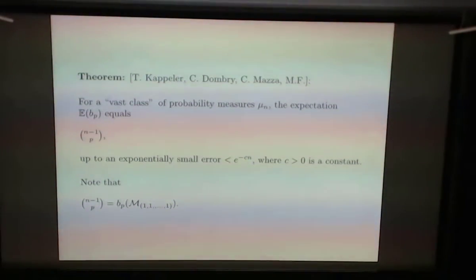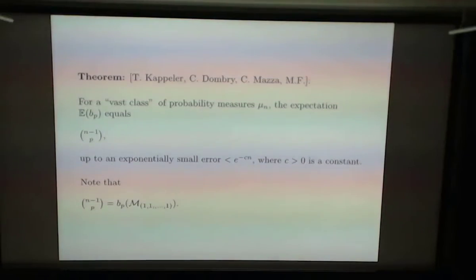For me, this was the first time I was shocked by stochastic topology, because the expectation in fact does not depend on the measure. For large n, the expectation is this binomial coefficient, this integer, and the error is exponentially small, so it goes to 0 very quickly.